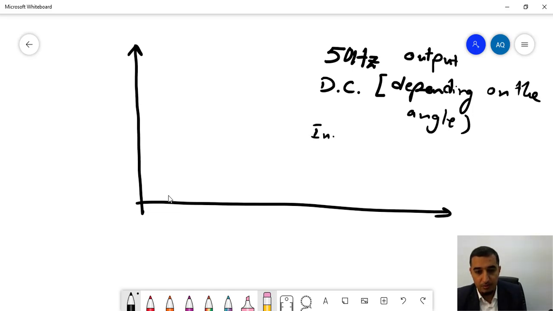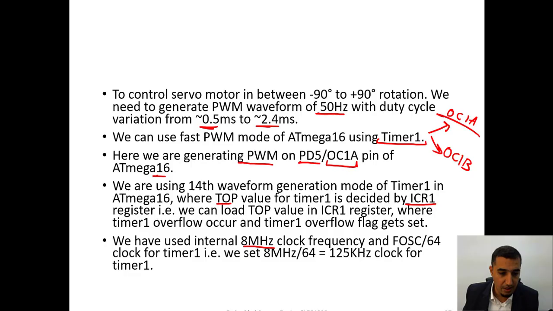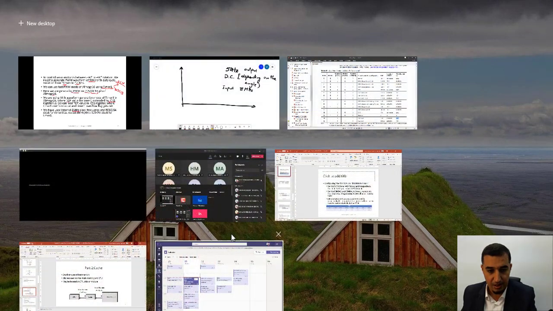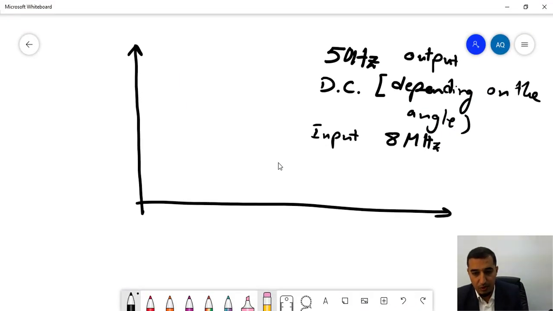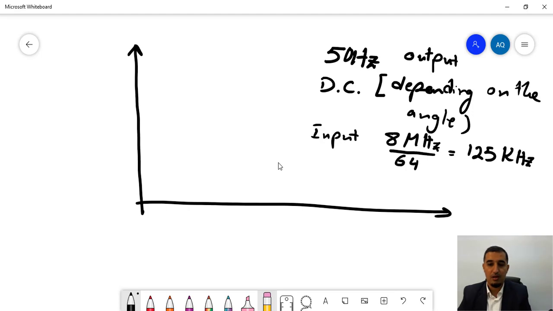Now our input is the 8 megahertz divided by a prescaler. Here in the example, the prescaler is 64. Once the prescaler is decided as 64, the input is 8 megahertz divided by 64, which will give us 125 kilohertz.